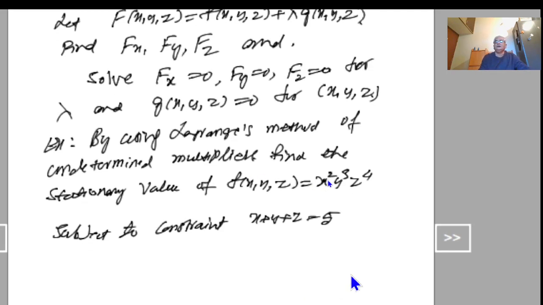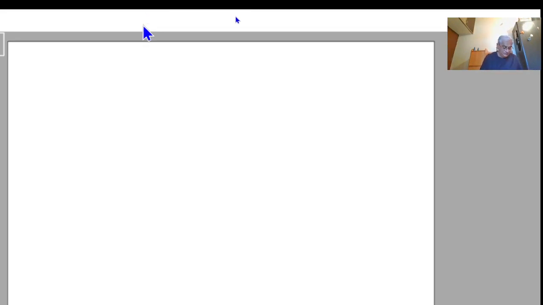So to find the stationary value of the function, here my f of x, y, z is the function which is to be maximized.